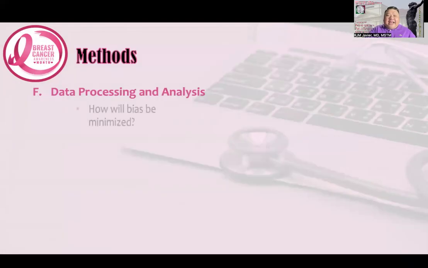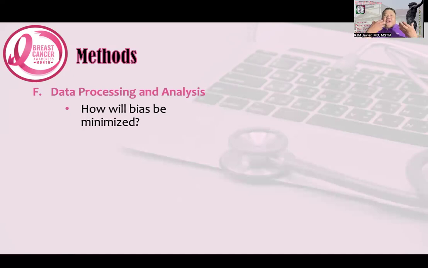Data processing and analysis. How will bias be minimized? Again, bias are systematic errors that move the relationship between two variables towards one direction at the same time. I hope you remember the difference between your random errors and your systematic errors or your bias.